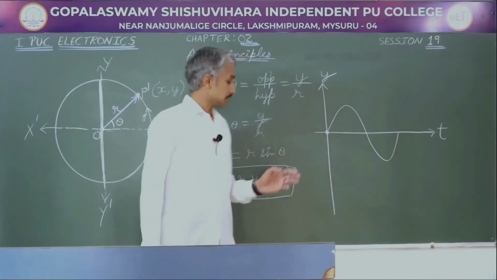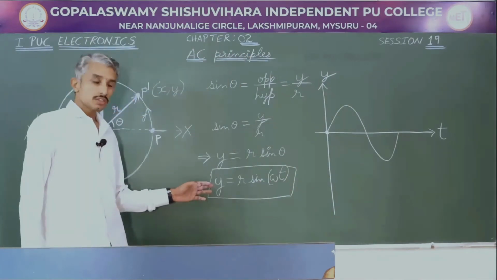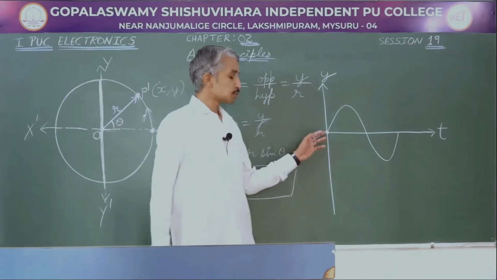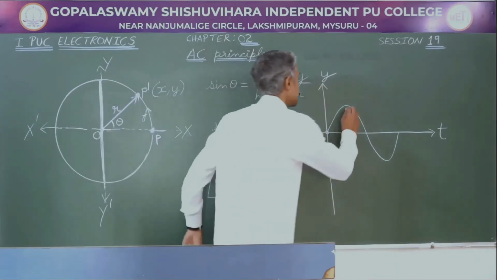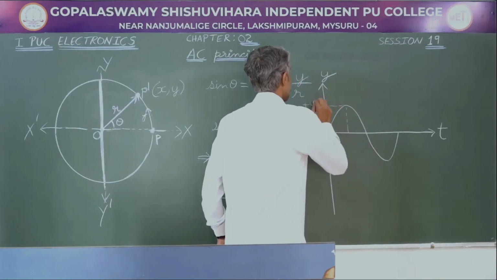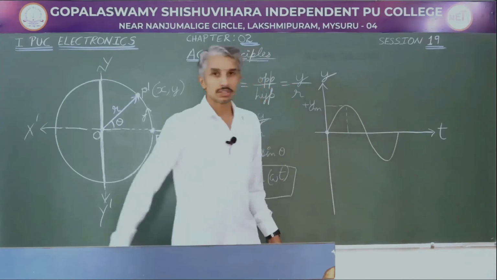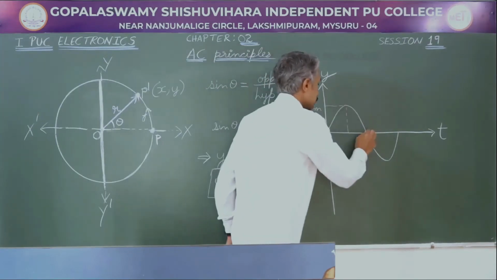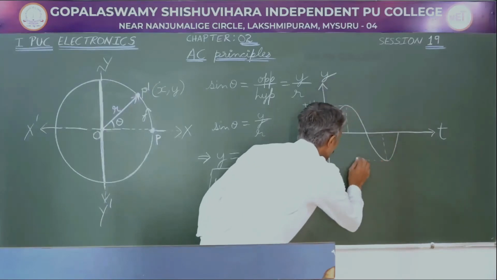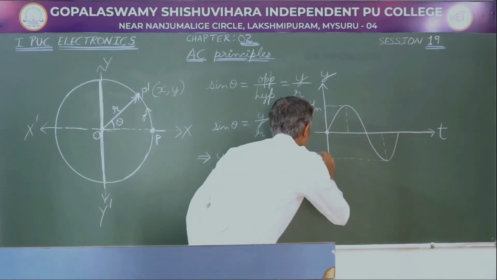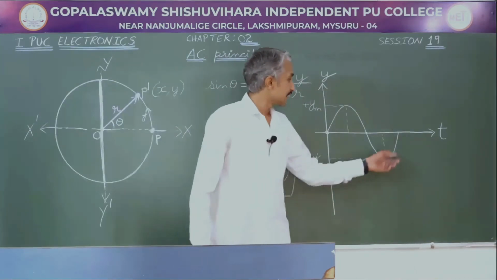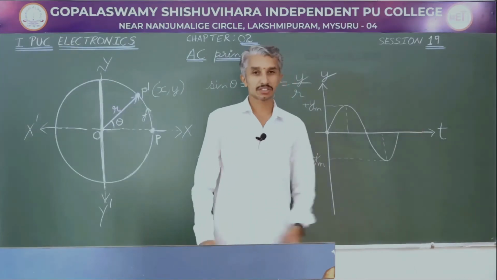So, graphically the projection of circular motion on y axis shows us that the projection increases to positive maximum, I can take this as positive maximum, comes back to 0, goes to negative maximum, I can take it as minus of ym, and again comes back to 0 and it repeats.